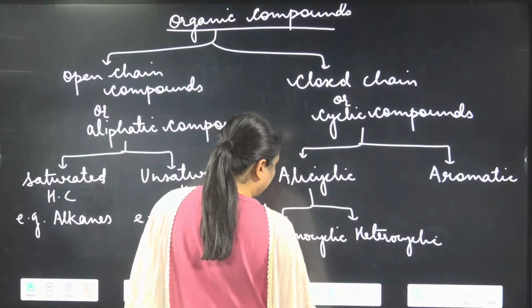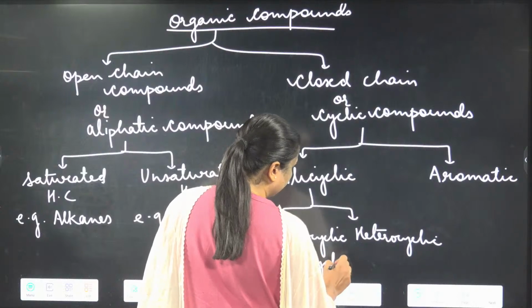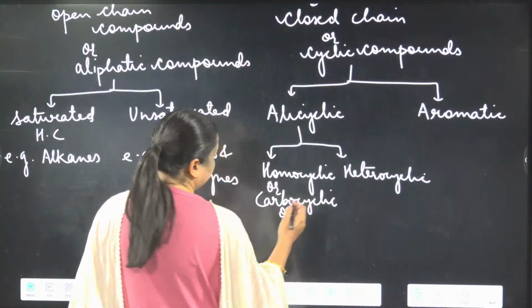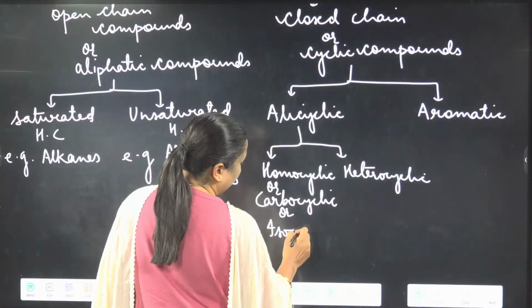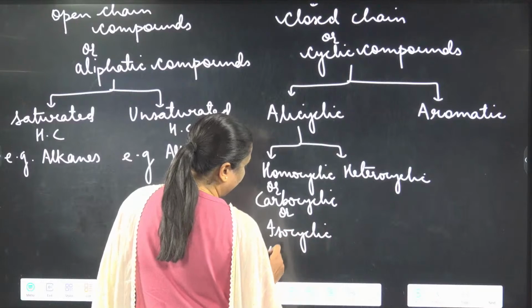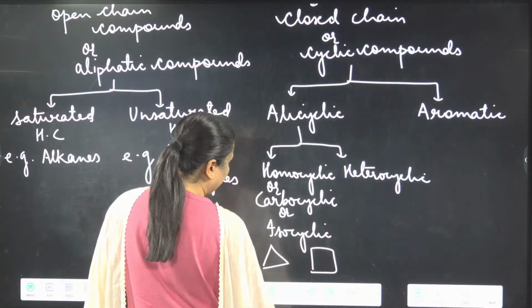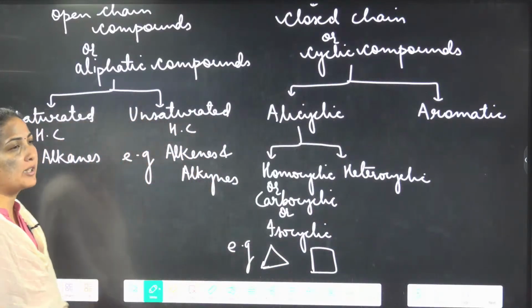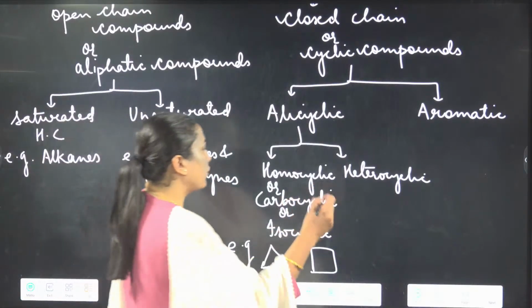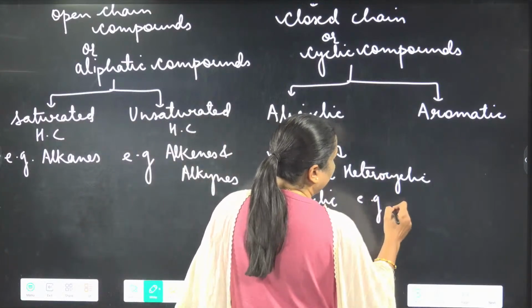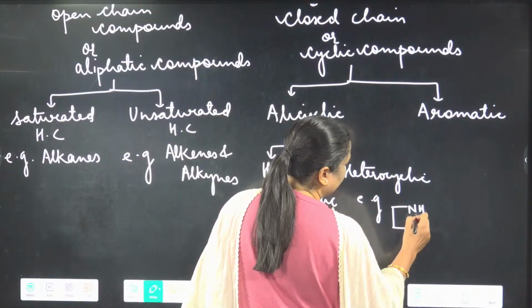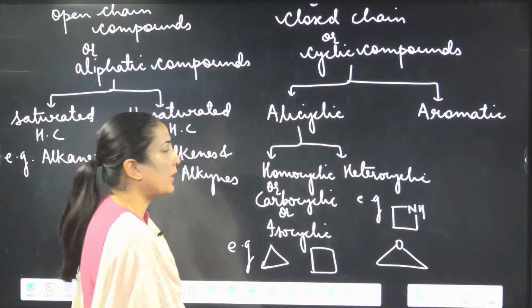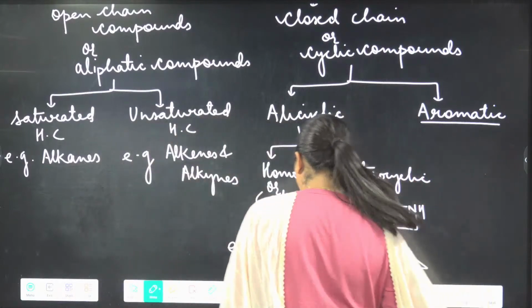Homocyclic, or we call this carbocyclic, or isocyclic also. The best example is a ring; these are just a few I have drawn. In the ring you have all carbon, carbocyclic, consisting of carbon. Heterocyclic, you can have some other atom here like NH. You can have something like this heterocyclic.